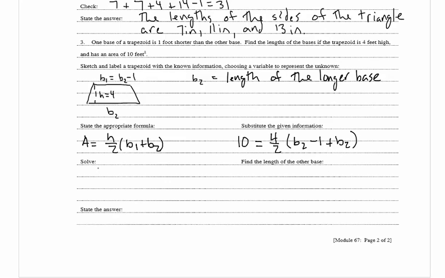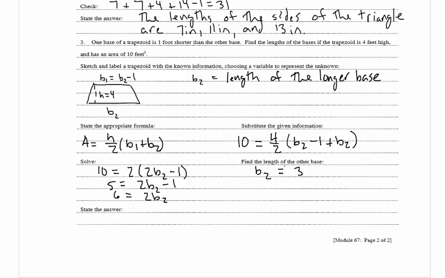So we have 10 is equal to 4 divided by 2 is 2 times B2 plus B2 is 2B2, and we have minus 1. And we can divide both sides by 2, so we get 5 is equal to 2B2 minus 1. And now add 1 to both sides, and I get 6 is equal to 2B2. And then when we divide both sides by 2, we get B2 is equal to 3.